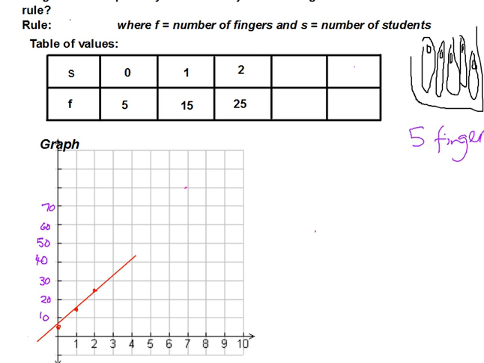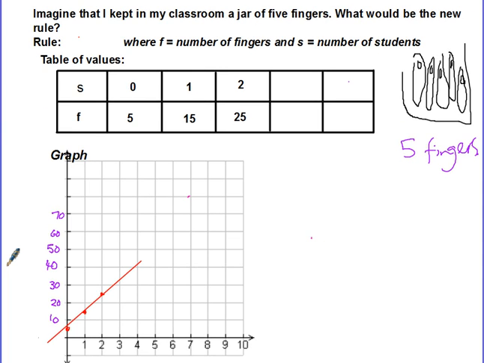So my new rule is going to be F, number of fingers, is equal to 10 times the number of students. That's the same as the last rule, but I have to add 5 each time. So here is the rule that describes this line, this relationship. F equals 10s plus 5, where F is the number of fingers and S is the number of students.